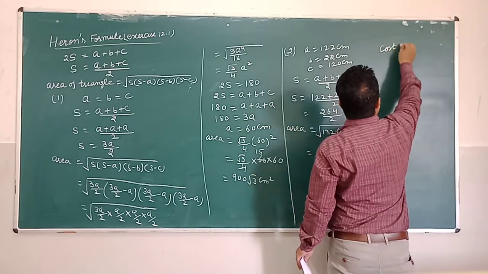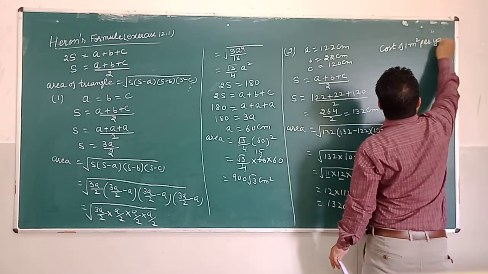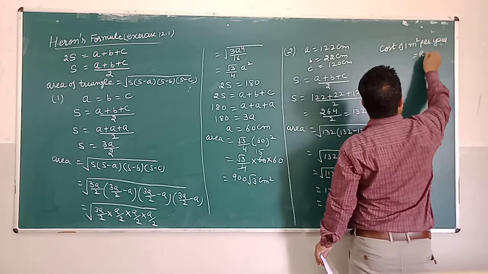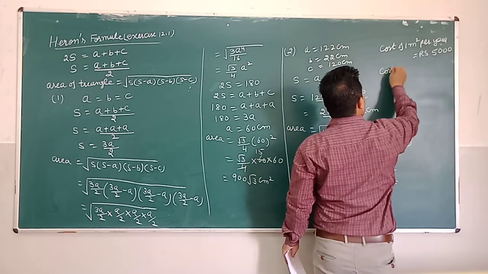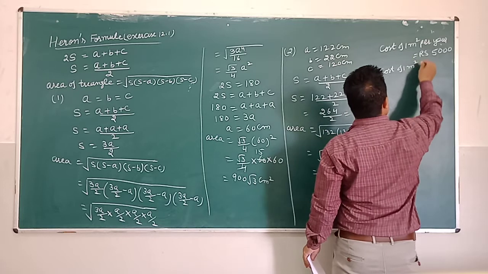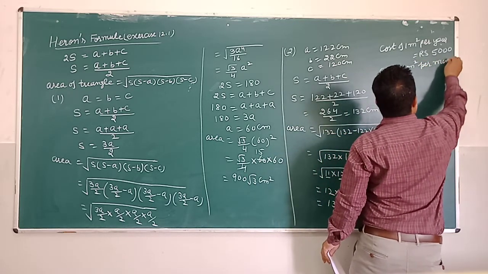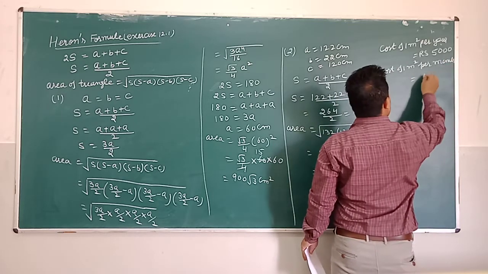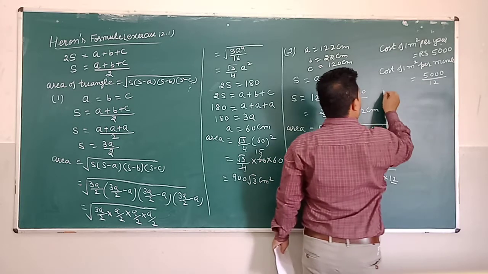Cost of 1 meter square per year: the per year cost is rupees 5,000. The cost of 1 meter square per month is 5,000 divided by 12.